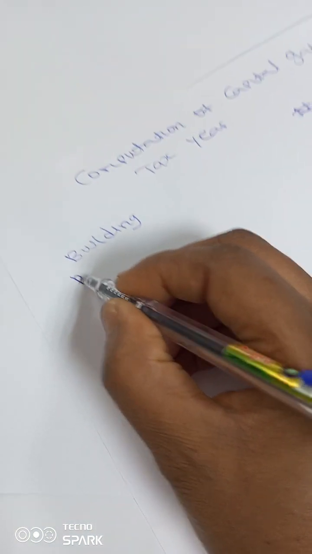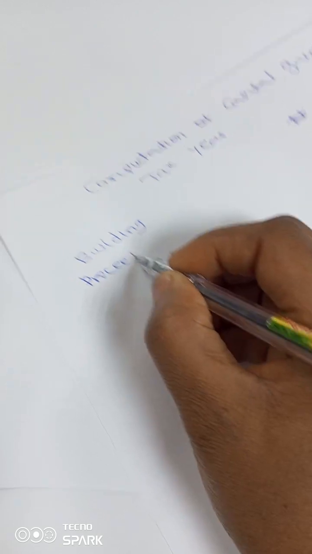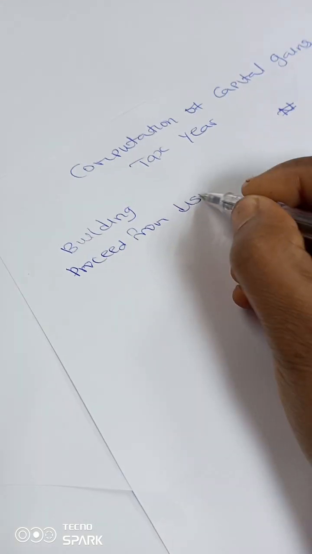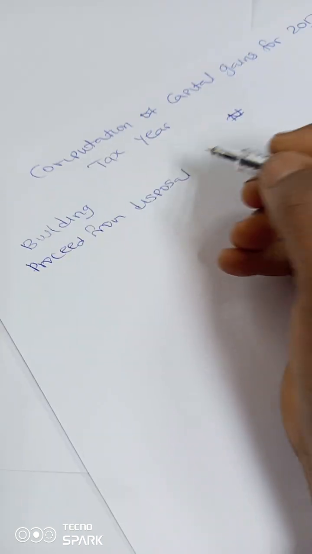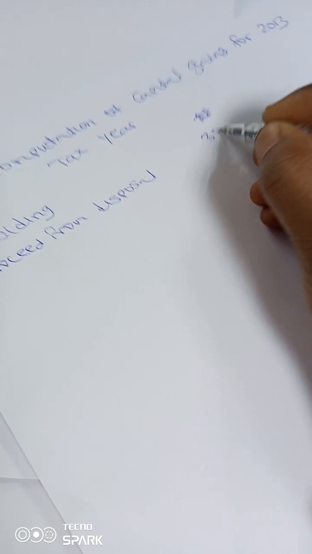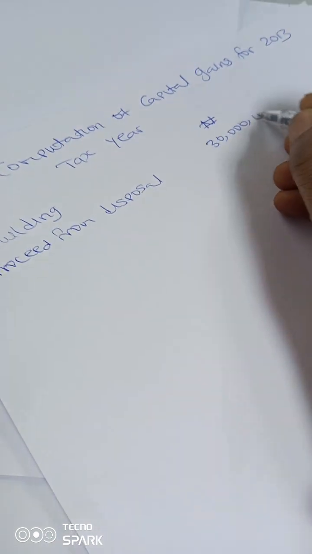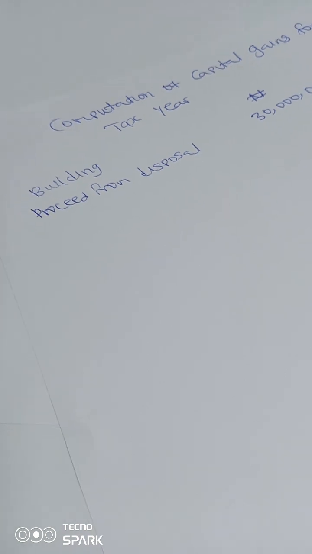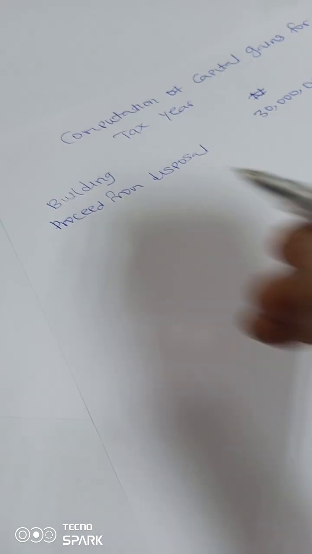So the proceeds from disposal, that is when it was sold, the money that came out. So we have 30,000,000. All figures are always given in the question. You should know already.